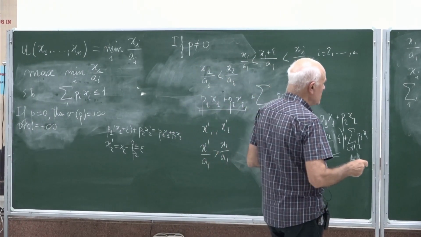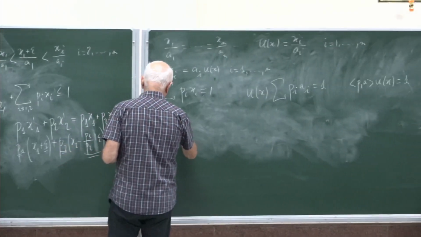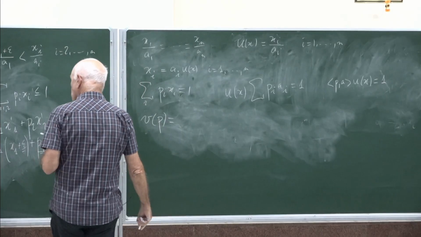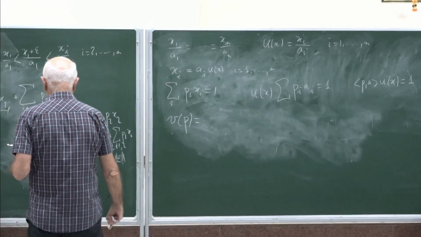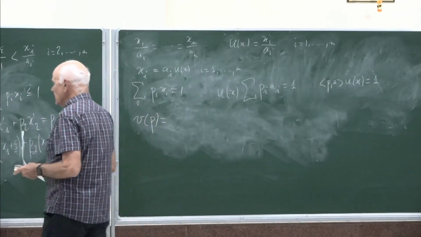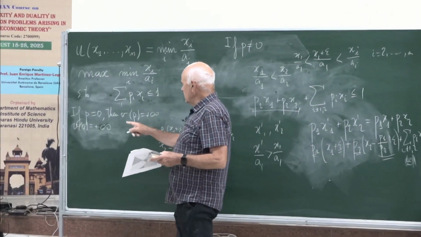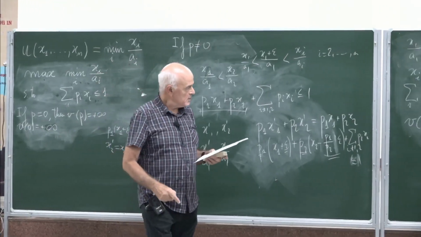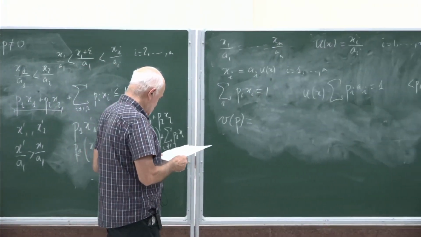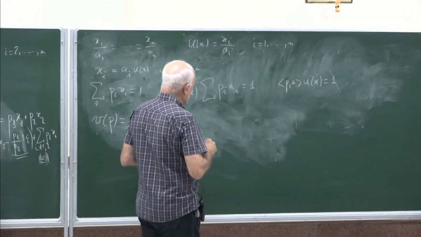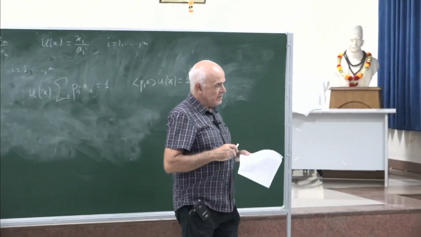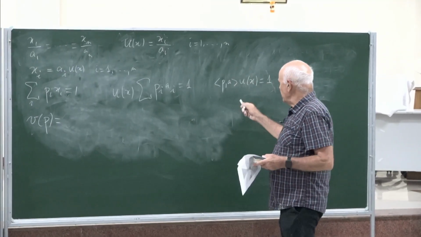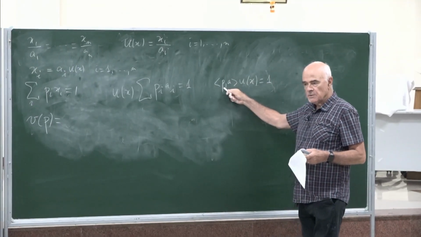Now, what can we say of V of p, which is the optimal solution of that problem? We already know that it is plus infinity if p is 0. So we are now considering the case when p is different from 0, but not negative.